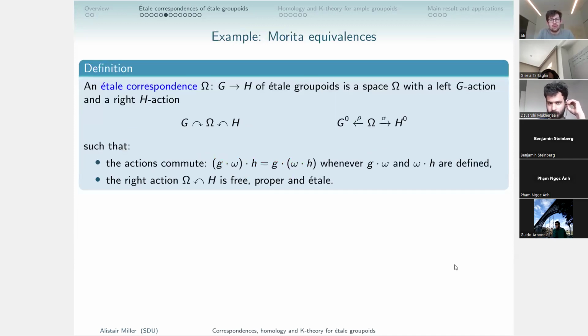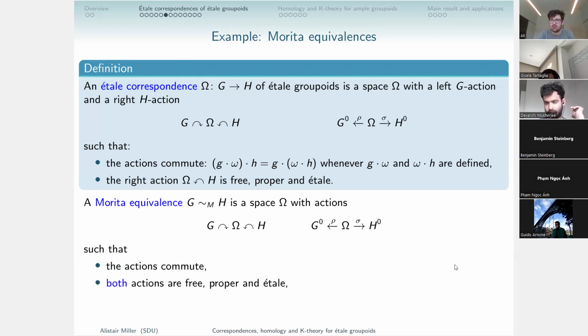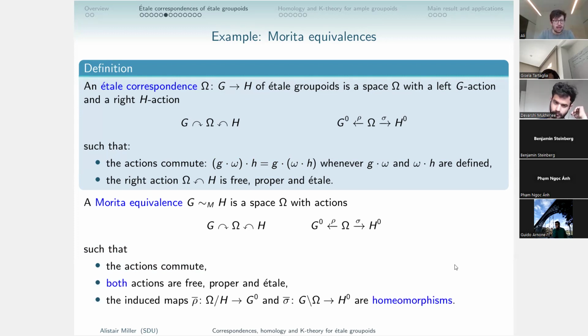All right, so I've got the definition there still, and I want to talk about equivalences, so Morita equivalences. The point is that Morita equivalences are like if you try to symmetrize everything and make everything have the most isomorphic flavor they can. So we have this setup with a bispace, and now we want both actions to be super, super nice. And we want these induced maps here to be homeomorphisms rather than just proper.